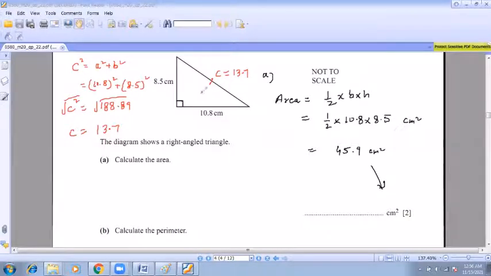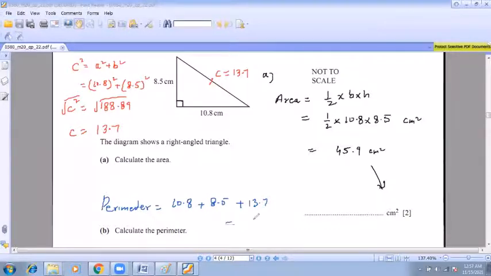Just add all these sides, so we'll get the perimeter: 10.8 plus 8.5 plus 13.7.